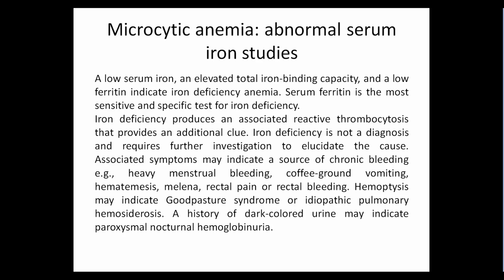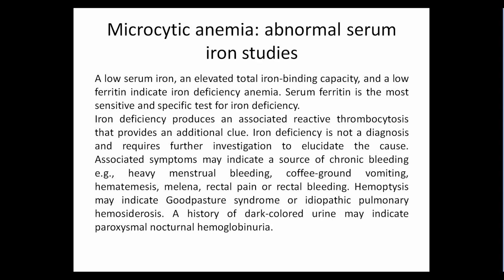Iron deficiency is not a diagnosis and requires further investigation to define the cause. Associated symptoms may indicate a source of chronic bleeding, for example, heavy menstrual bleeding, coffee ground vomiting, hematemesis, melena, rectal pain, or rectal bleeding.